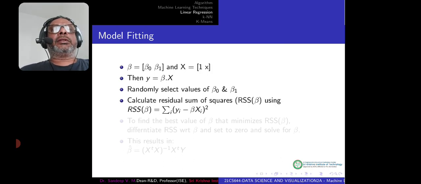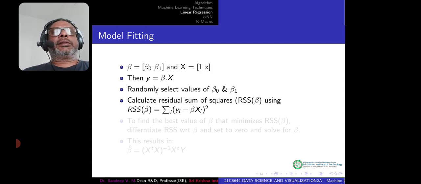and then calculate the residual sum of squares. So here for every input xi we know what is yi. So we just substitute that yi and find the difference between that yi and what is predicted. Predicted is this y, which is computed using beta dot xi.